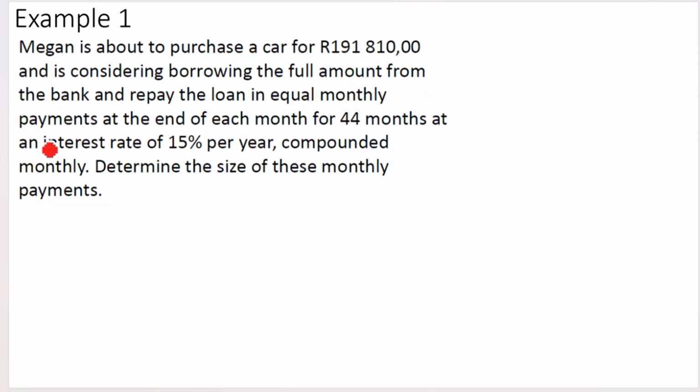Megan is about to purchase a car and is considering borrowing the full amount from the bank and repaying the loan in equal monthly payments at the end of each month, for 44 months, at an interest rate of 15% per year, compounded monthly.